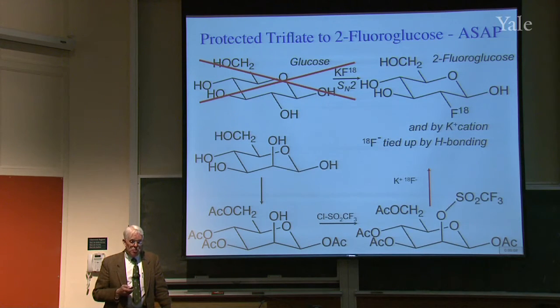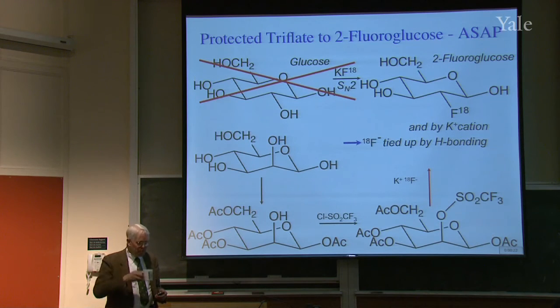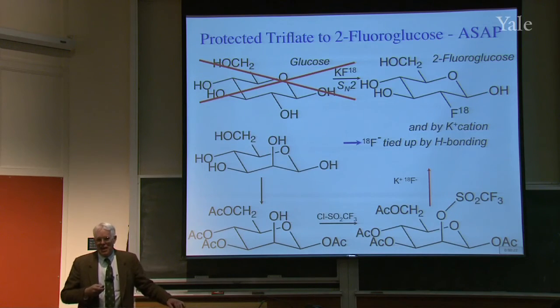Okay, what's the problem? The fluoride is tied up by hydrogen bonding. It's not a good nucleophile. How could we get around that problem of the hydrogen bonding deactivating fluoride? Any ideas on that one?